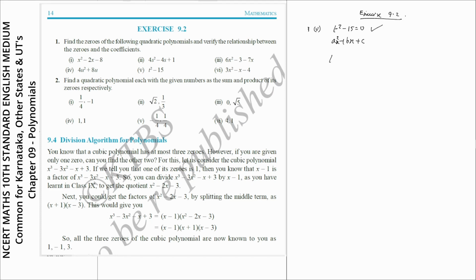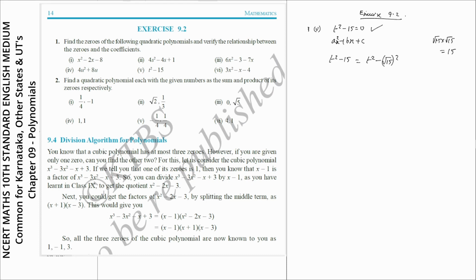Okay. Now t square minus 15, I should factorize this. Now this I can write as t square, and 15 I can write as square root of 15 the whole square also. Okay, square root of 15 the whole square is square root of 15 into square root of 15, I'll get just 15.